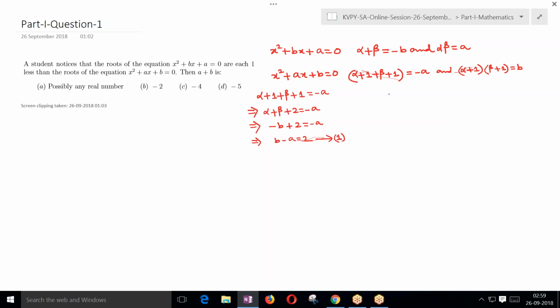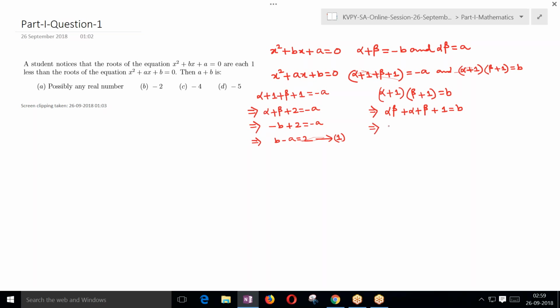Now let's come to the second part, alpha plus 1 into beta plus 1 is equal to b. This implies alpha into beta plus alpha plus beta plus 1 is equal to b.